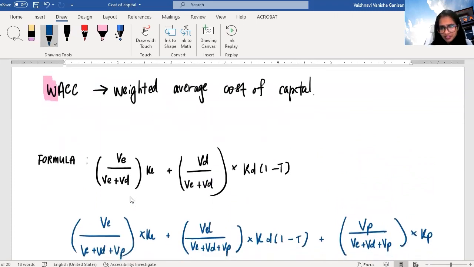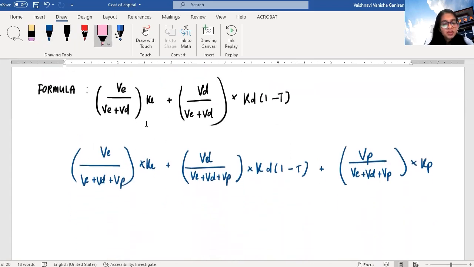So when I say weighted average, basically you are calculating the average cost of capital weighted according to their market value. What does that mean? That means you are seeing what is the return for your KE as a percentage of the total sources of finance or the total capital of your company. So you are weighing your KE according to its weightage over total capital.